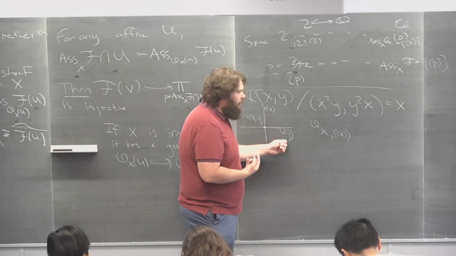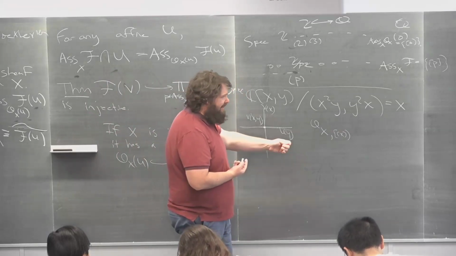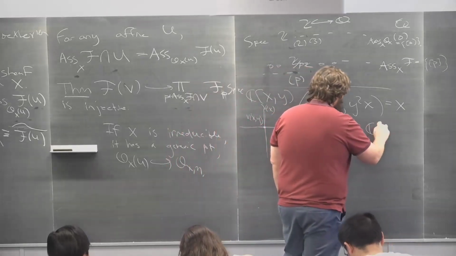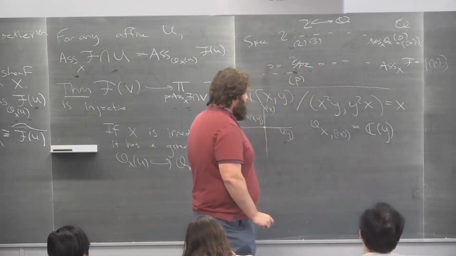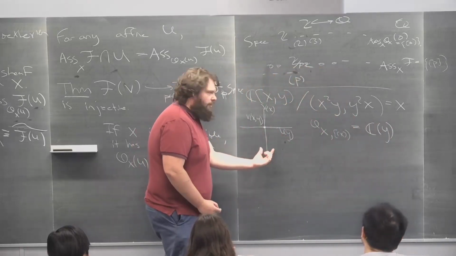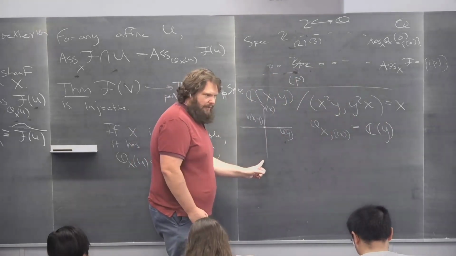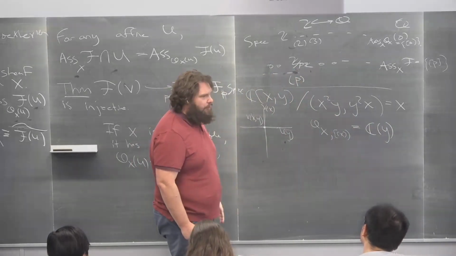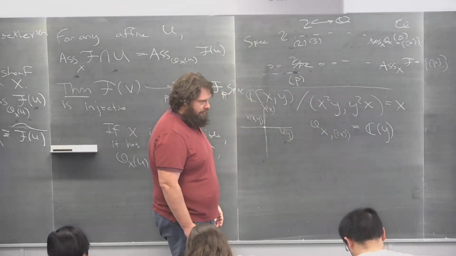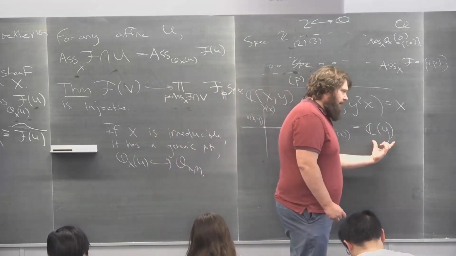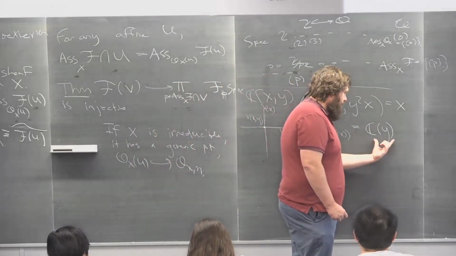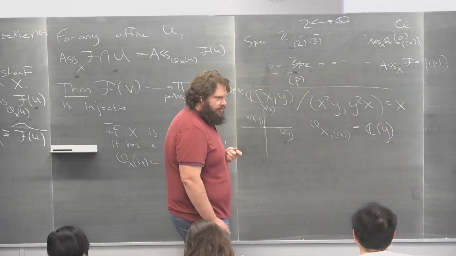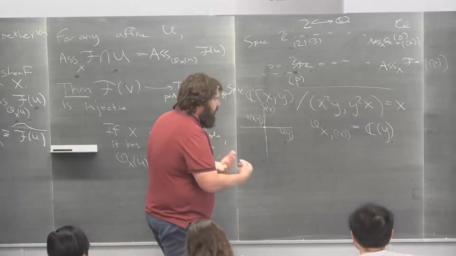So in particular, I invert y, and I invert any non-zero polynomial in y. So this ends up being exactly the rational functions in y. And this makes sense. If you think about the set V(x), an open subset of this is remove finitely many points from the y-axis. For any rational function, I just remove all the points where the denominator vanishes, and that gives me a germ of a section.